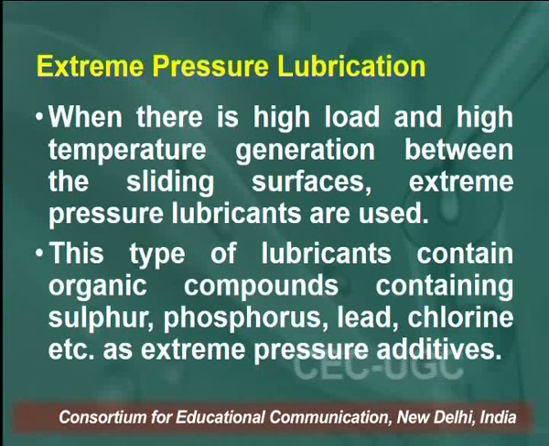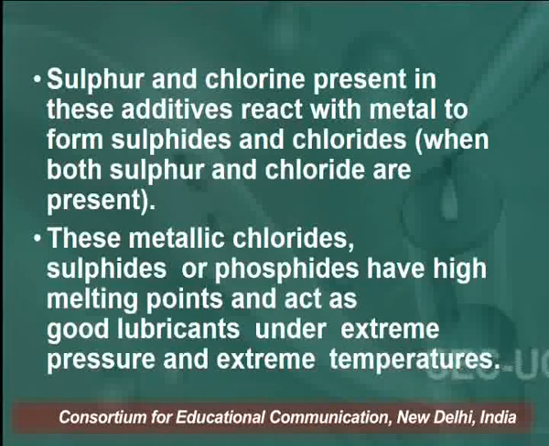When there is high load and high temperature generation between the sliding surfaces, extreme pressure lubricants are used. This type of lubricant contains organic compounds containing sulfur, phosphorus, lead, chlorine, etc. as extreme pressure additives. Sulfur and chlorine present in these additives react with metal to form sulfides and chlorides.